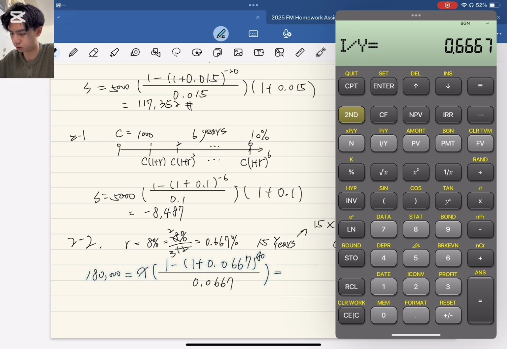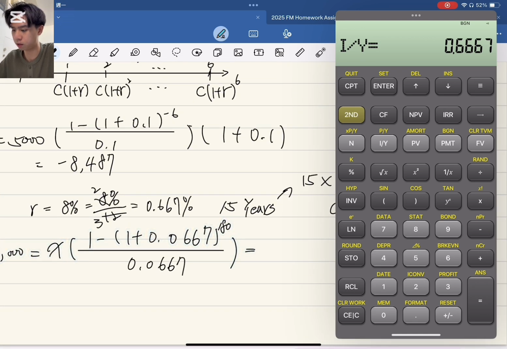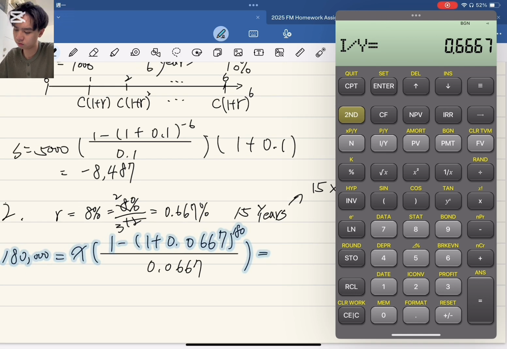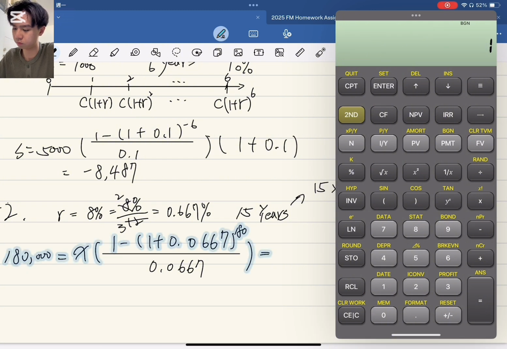Yes, this is the interest rate. And present value is how much money we should pay back to the bank. Present value is 180,000. And payment unknown.